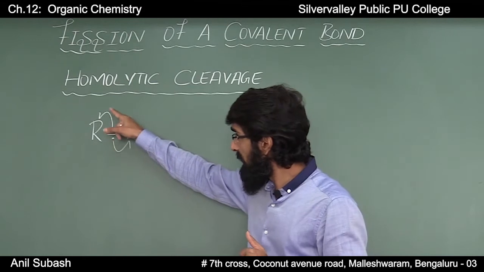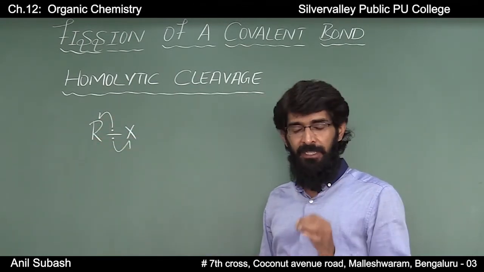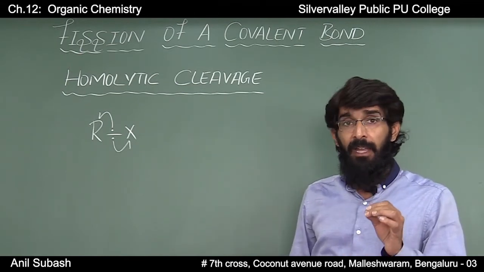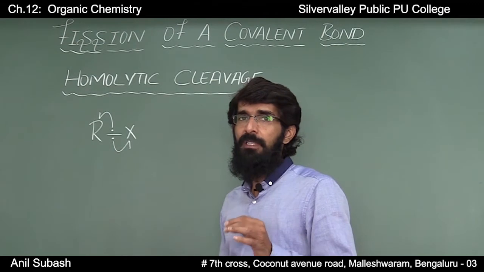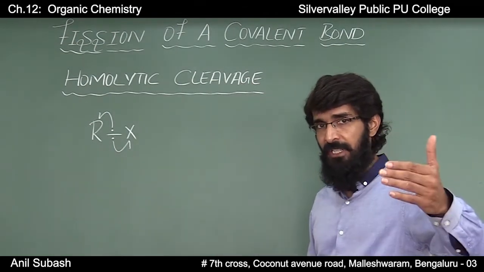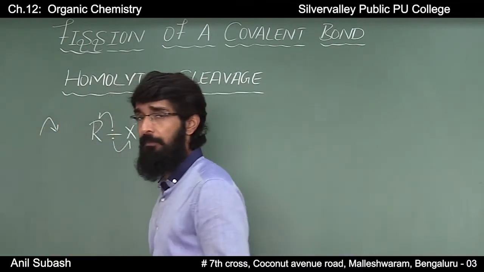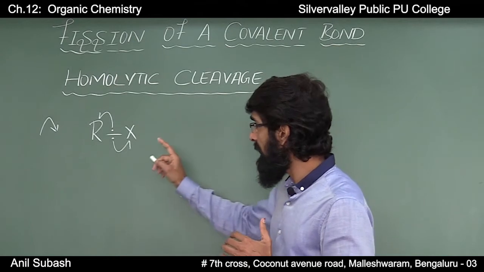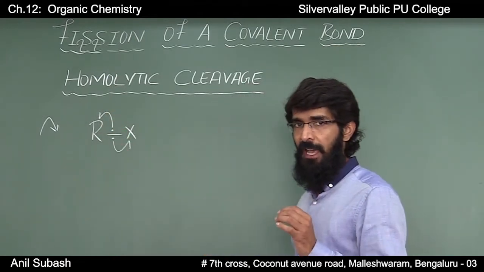The movement of a single electron is always indicated by a half-headed arrow, and the movement of a pair of electrons is always indicated by, as we have studied in the previous case, a full-headed arrow.